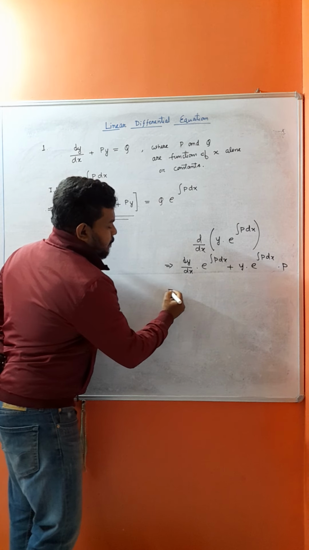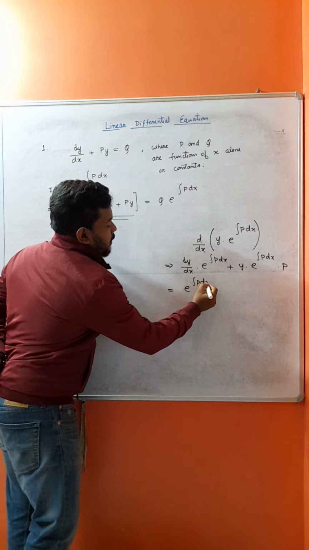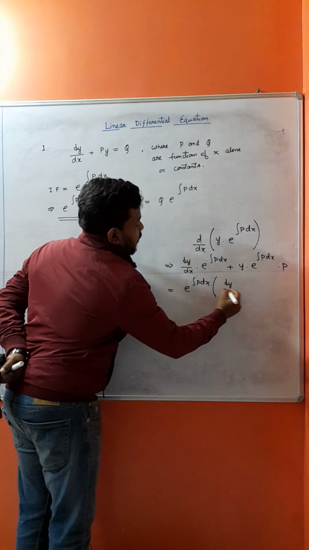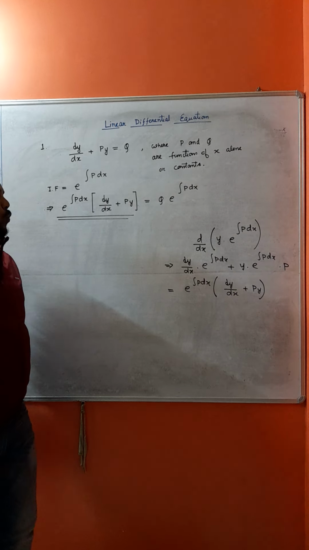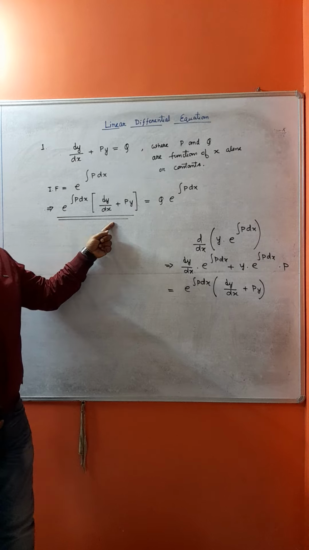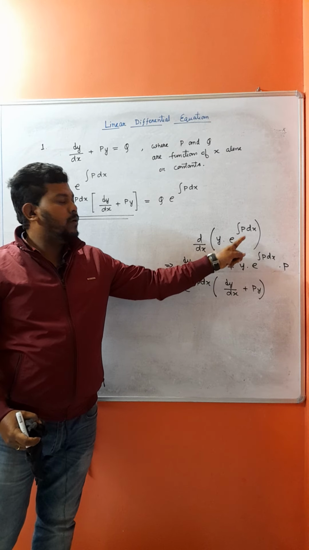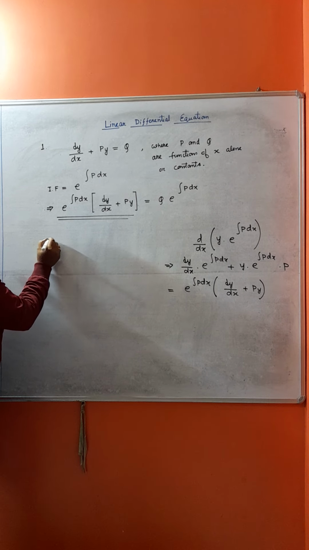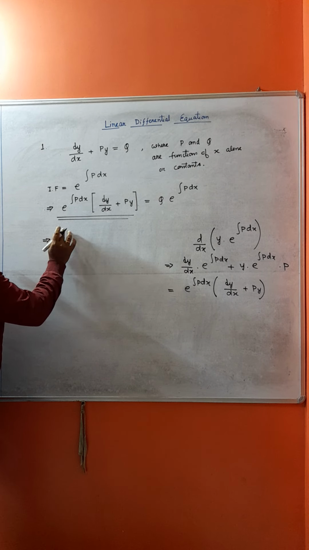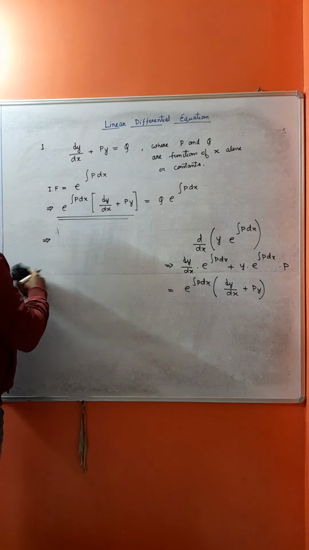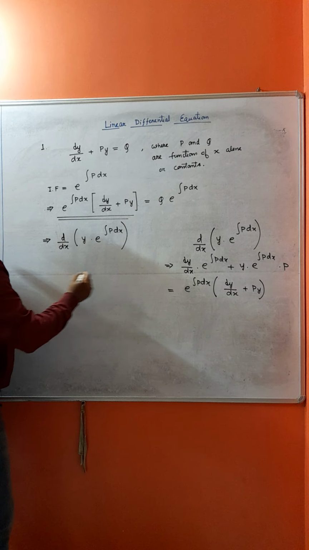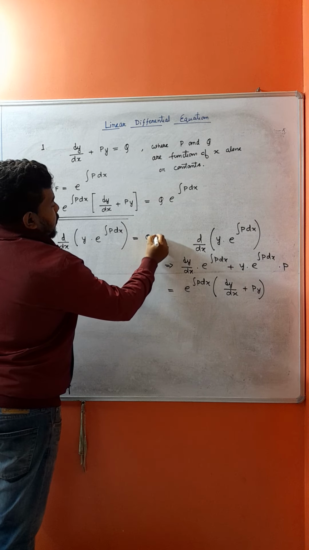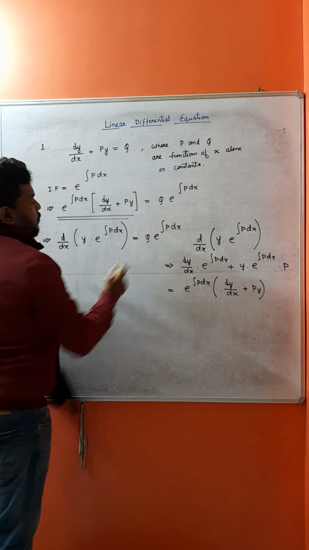Ultimately we get e to the power integration of p into dy by dx plus py. So in short, we can write d by dx of y into e to the power integration of p, and this equals q into e to the power integration of p.